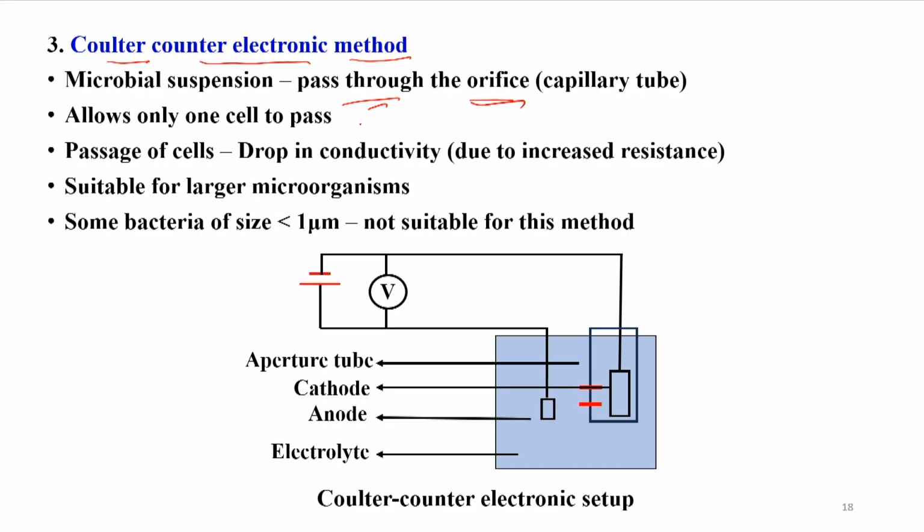The orifice tube is designed in such a way that only one cell passes at a time, and once the cell passes, there will be a drop in the conductivity due to the increase in resistance, and based on this measurement one should be able to calculate the number of cells. This method is suitable for large microorganisms because some bacteria may quickly pass through these orifice tubes.